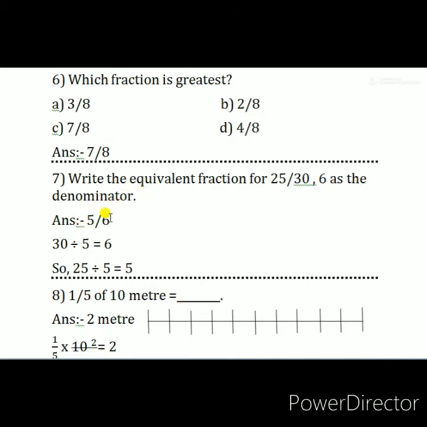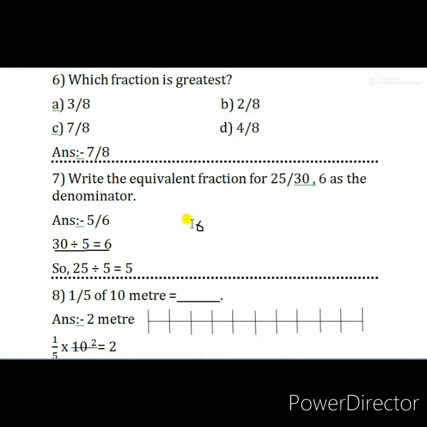So first of all, find out: is 30 a multiple of 6? If we take the table of 6, 6 fives are 30. So 30 divided by 5 is 6. So that is the denominator for us.